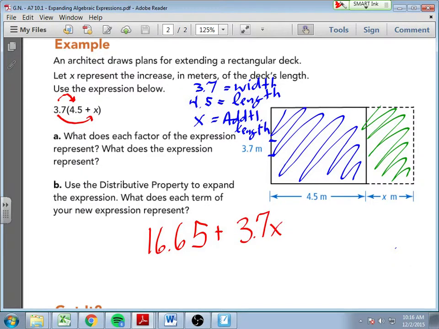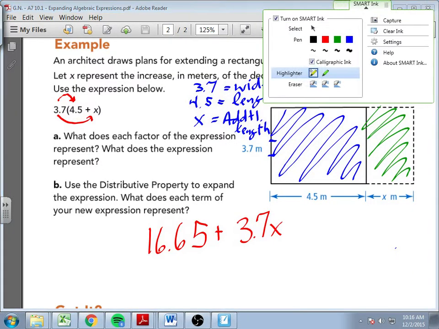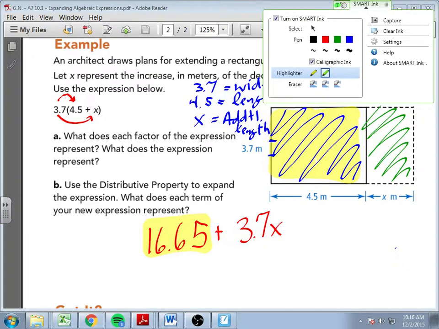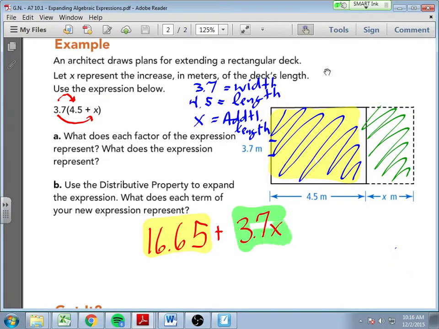But what are these values? Shahid? The first one is the area of the first portion that's already there. My first distribution gave me the area of the patio. My second distribution, go ahead and finish us out, Shahid. Gives you the area of the extended part. Gives us the area of the addition.